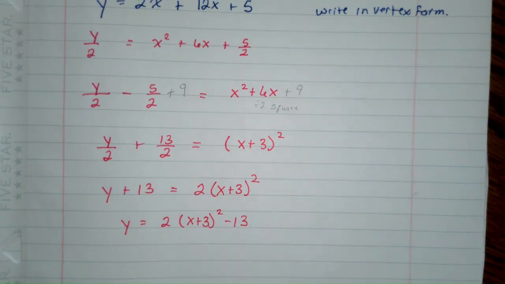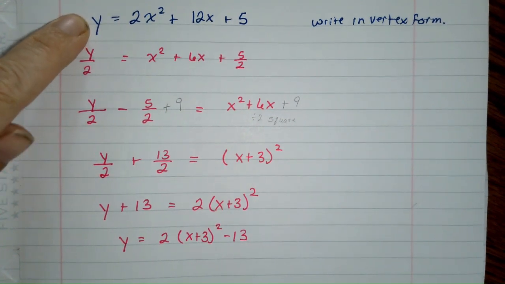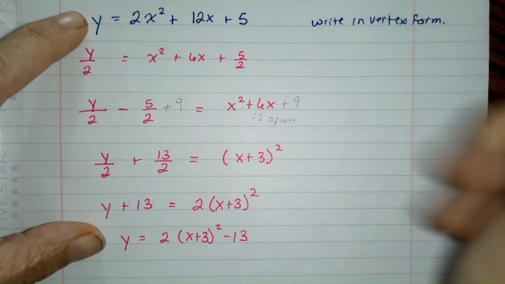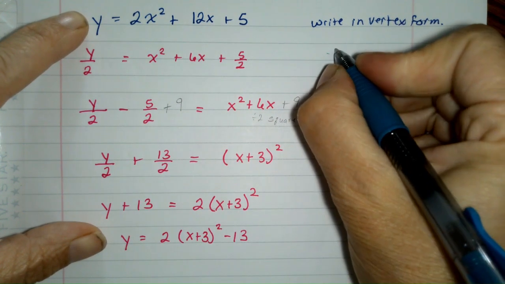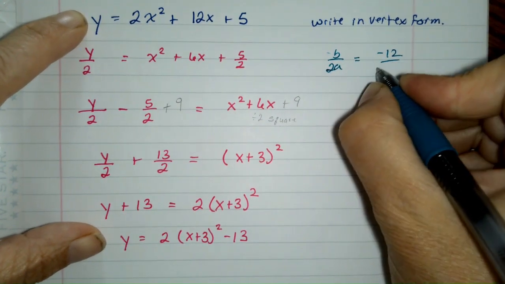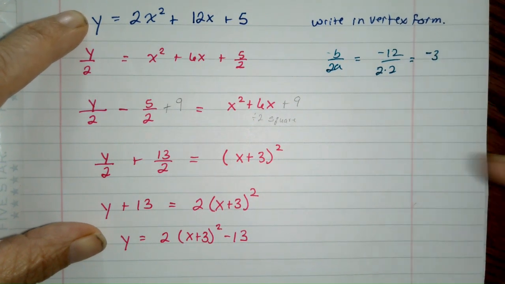In one of my previous videos, you would have seen me show a way to go directly from this blue equation to this bottom pink equation by finding the vertex. The first step we did to find the vertex was negative b over 2a. In our case, that would be negative 12 over 2 times 2, which is negative 3.